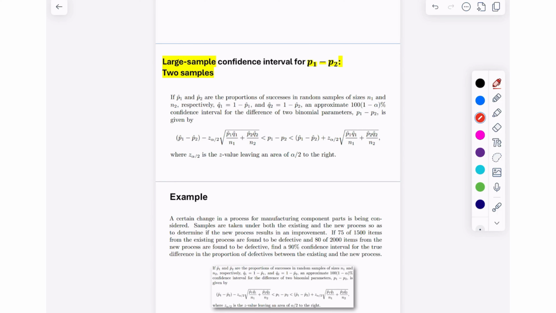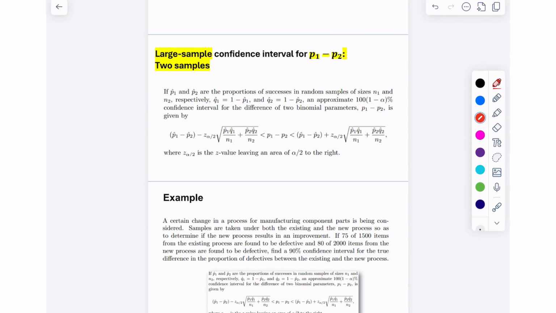Okay, next for the confidence interval for two samples of proportion, meaning we have two proportions from two different samples. So to construct the confidence interval, in this case we consider large samples. Then for the confidence interval formulation, of course, we have the point estimators for the true proportions P1, P2, which are P1 hat and P2 hat.